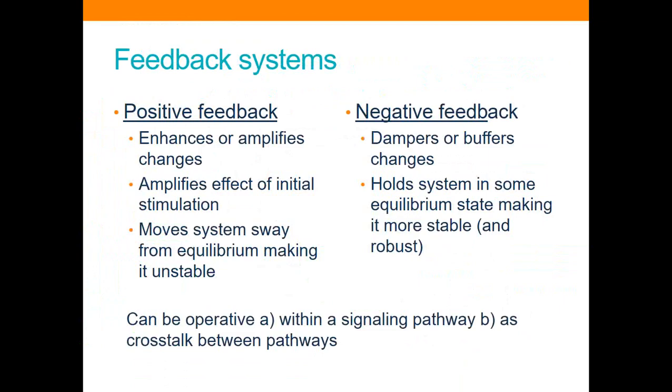Now, both the positive and the negative feedback systems can work within a single signaling pathway, such as the PAM pathway, PI3 kinase, AKT, and mTOR, or they can crosstalk between pathways.